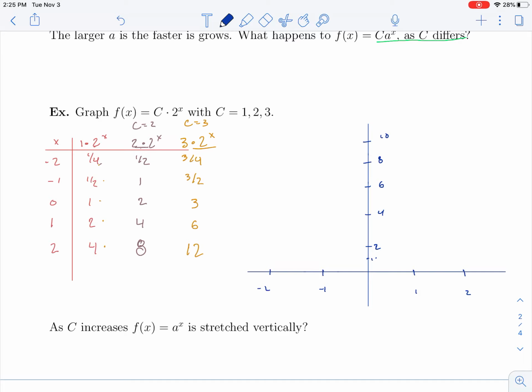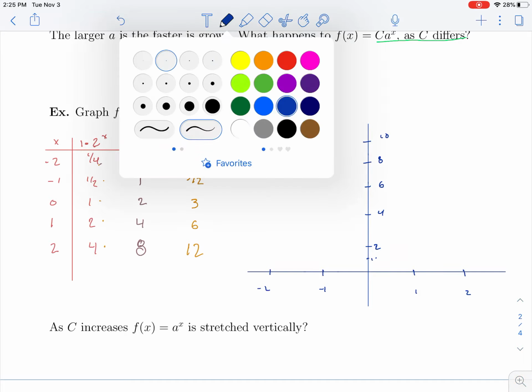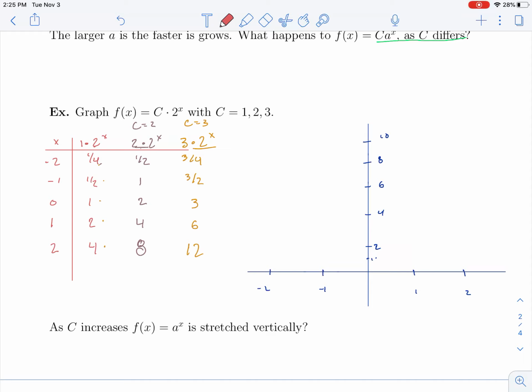Okay, so then this is going to be 1. Okay, so let's do the pink.